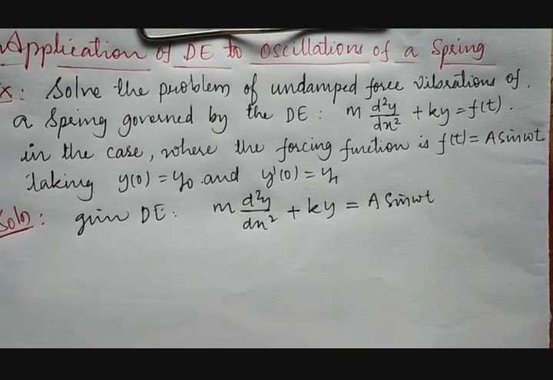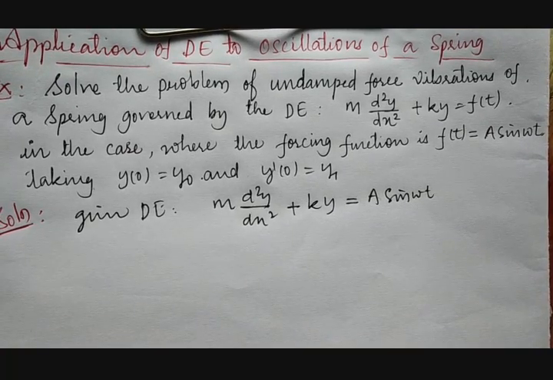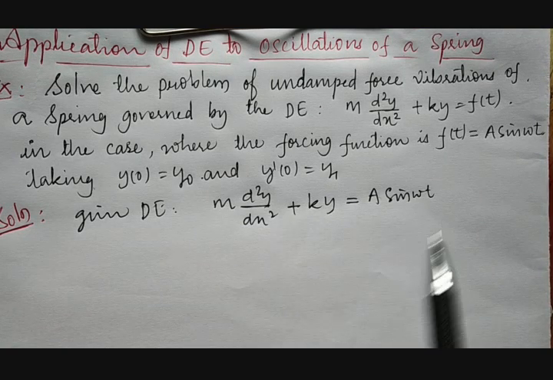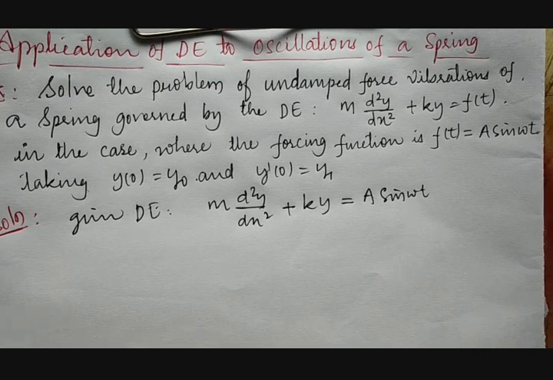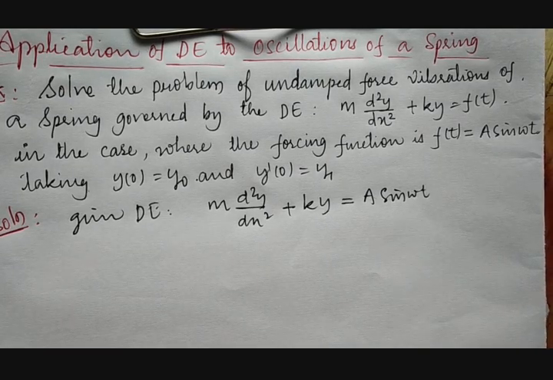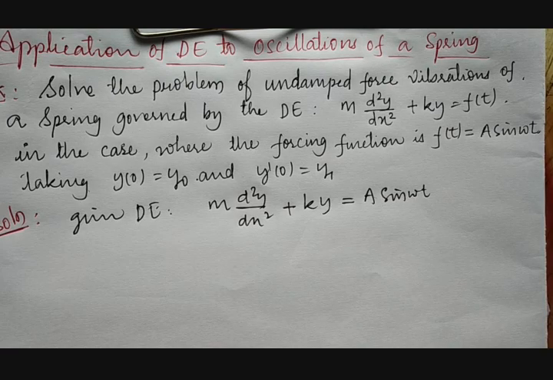So this is a second order non-homogeneous differential equation. If it is non-homogeneous, then we need to find both the complementary function and the particular integral, and together they become the general solution.